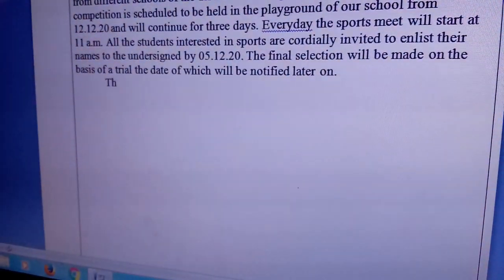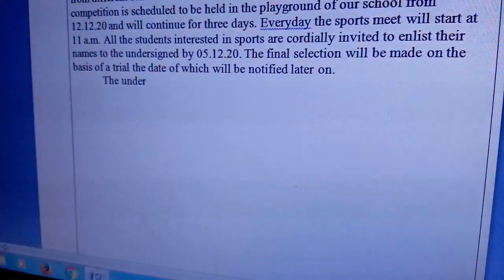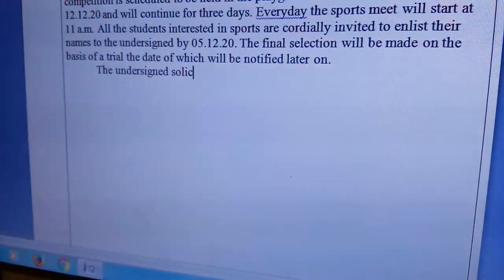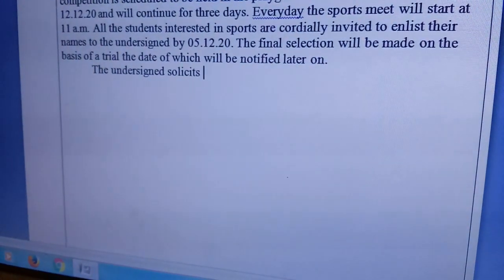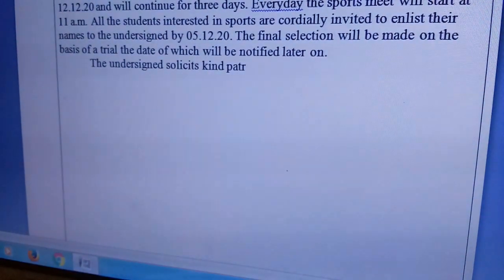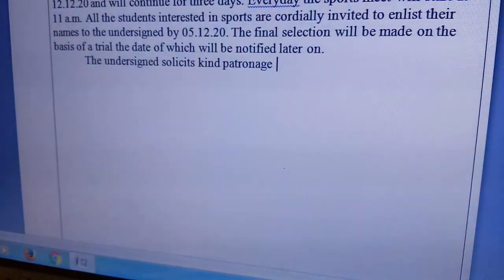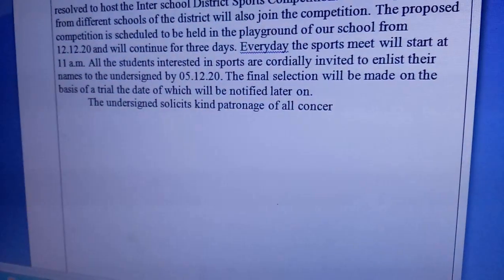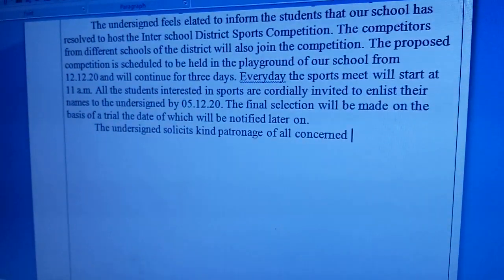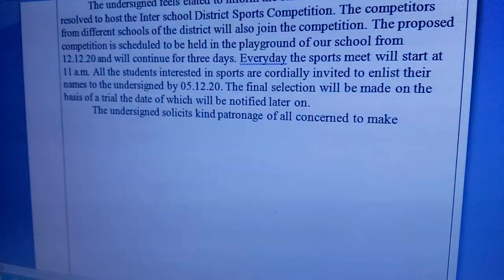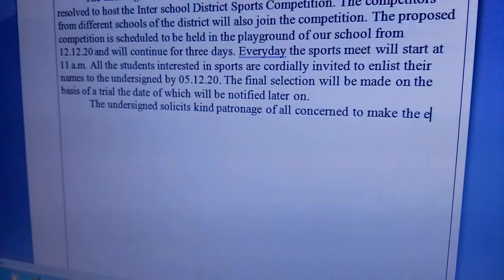The undersigned solicits kind patronage of all concerned to make the endeavor a great success.